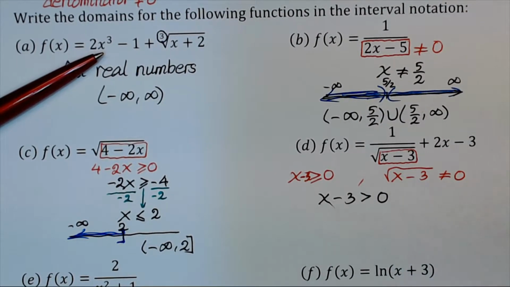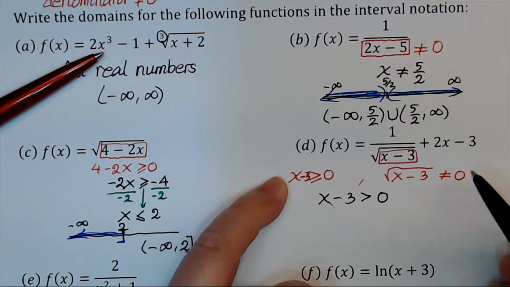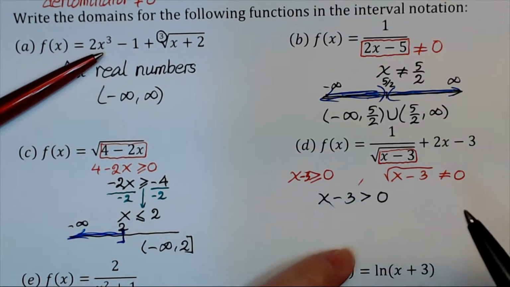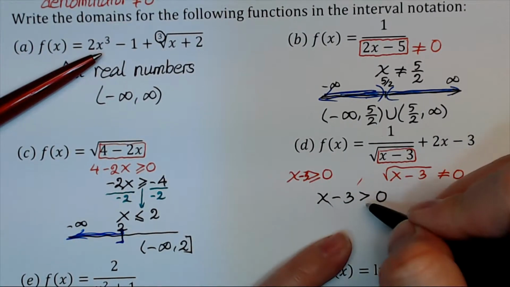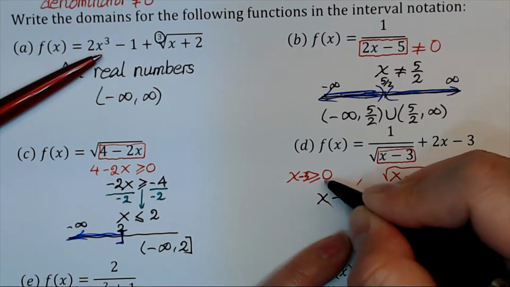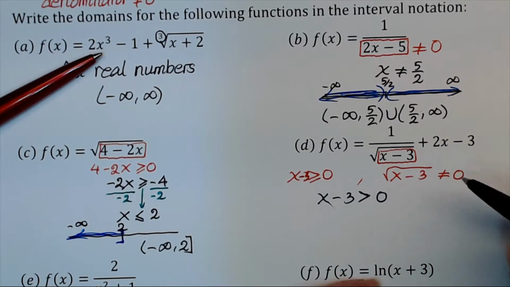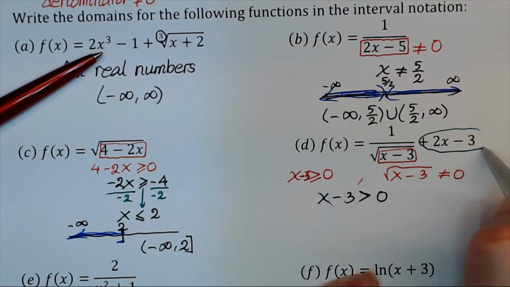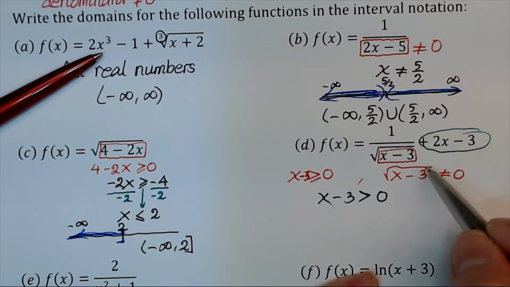Because if we square both sides, we have x minus 3 not equal to 0. So we cannot have the equal sign here because it is the denominator. By the way, the other part is a polynomial function, so its domain is all real numbers.